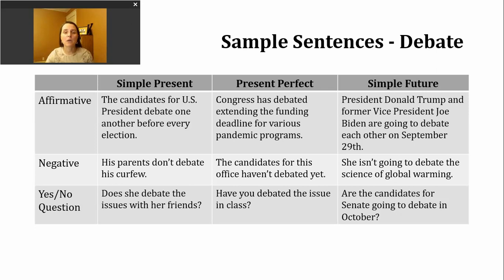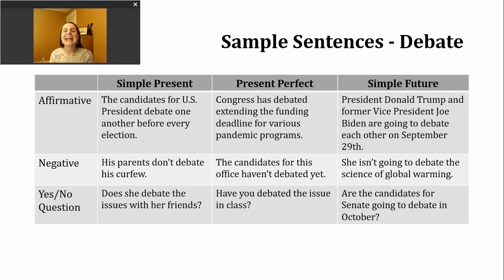So a particular person says, I think we need to extend funding for this particular program. Here are my reasons why. Someone else might get up and say, we should not extend funding. Here are the reasons why. And this can go back and forth for hours, especially in a legislative body.